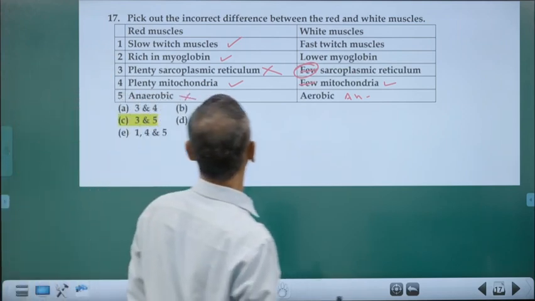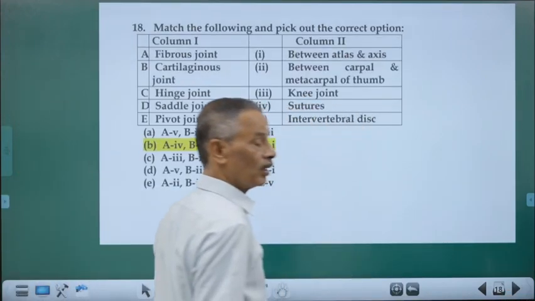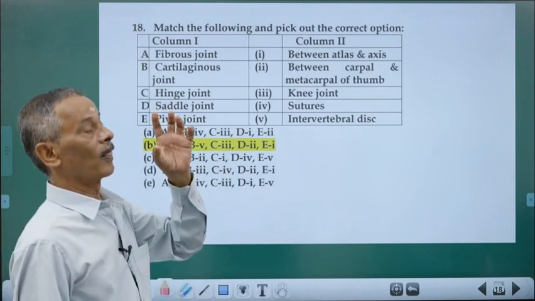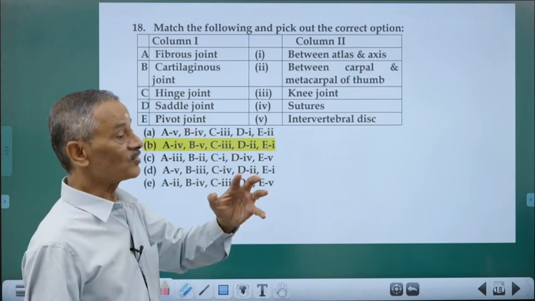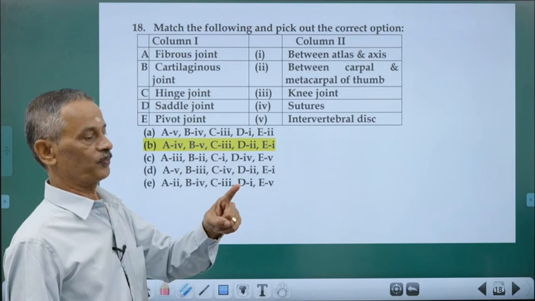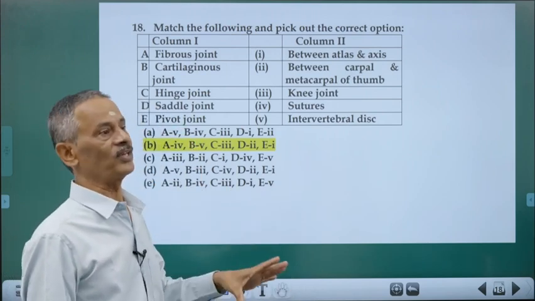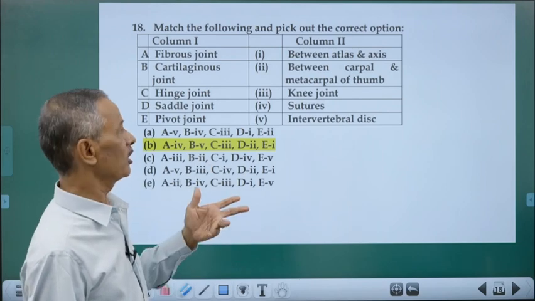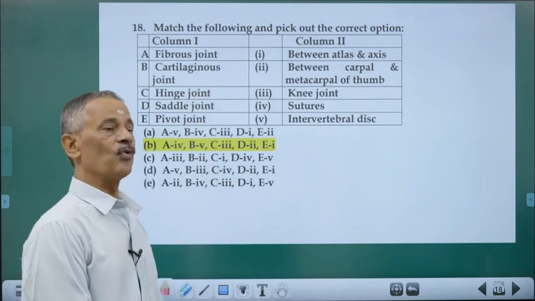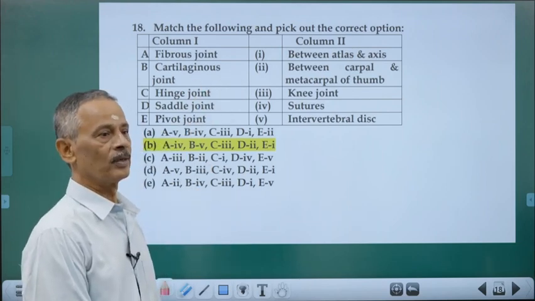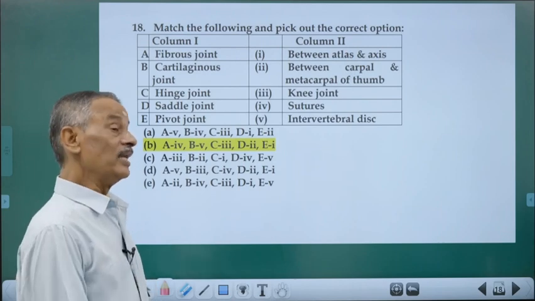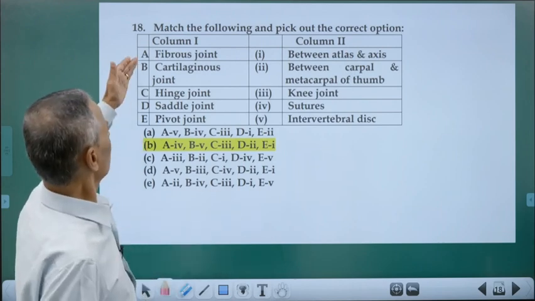Okay, remember the red muscles are slow twitch muscles. They will not be easily fatigued. Slow fatigued muscles, whereas the fast twitch muscles will be easily getting fatigued.